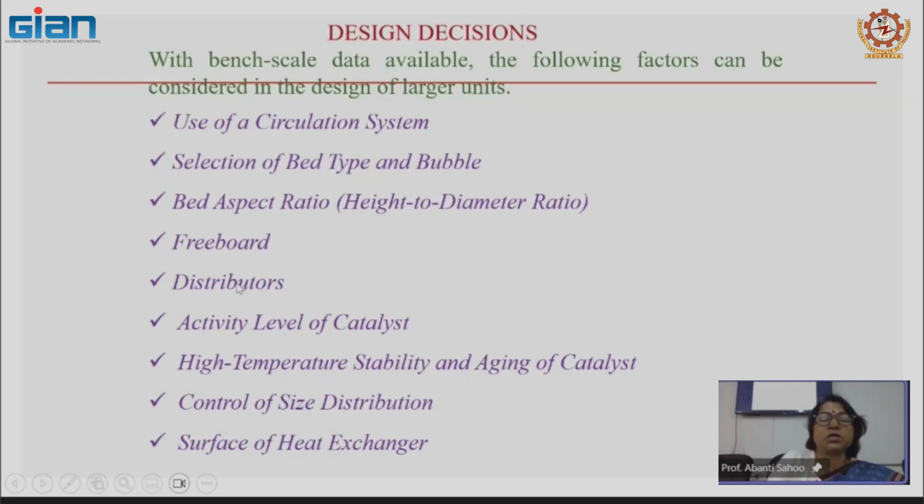So, distributors: what type of distributor is considered to support the solid particles; activity level of the catalyst, high temperature stability and aging of the catalyst, control of the size distribution, and surface of the heat exchangers.